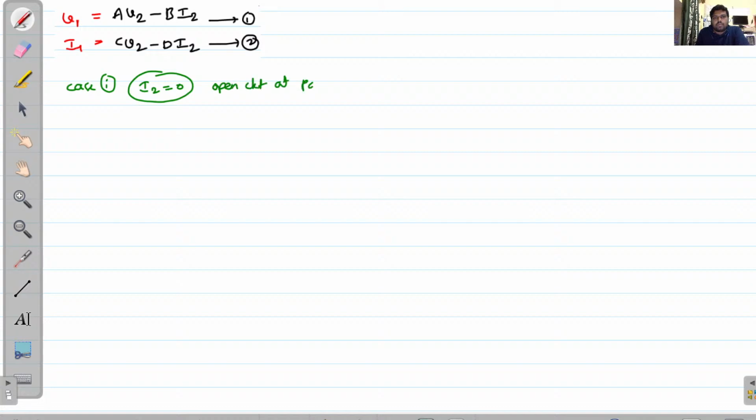So that is the meaning. While making I2 equals 0, we can find two things: one is the A value and the other is the C value, right? From the first equation we can evaluate A, and from the second equation, by making I2 equals 0, we can evaluate the C value, right?